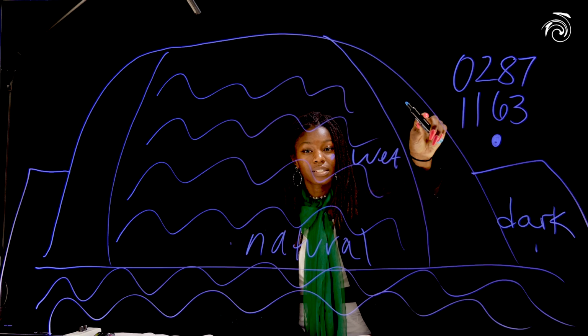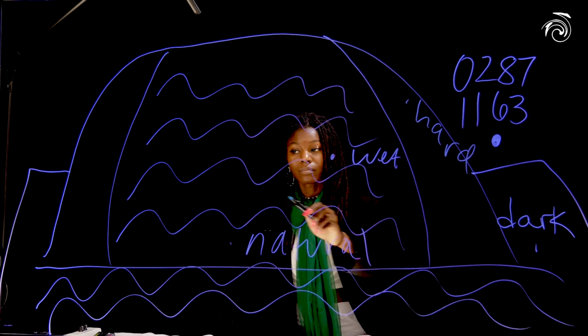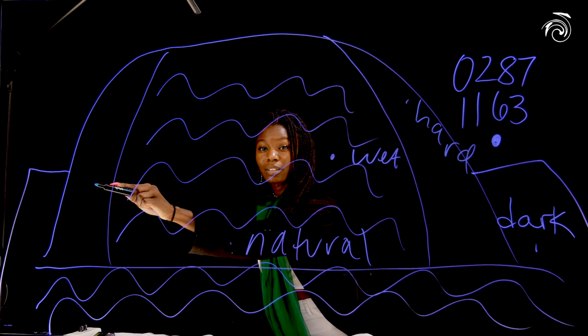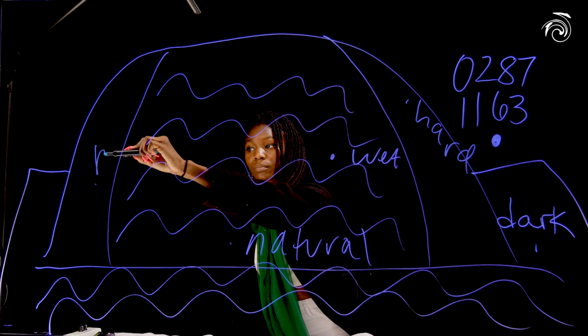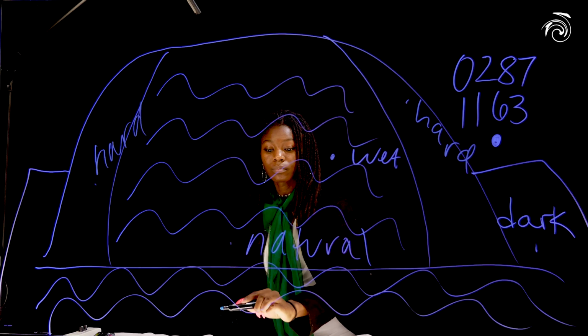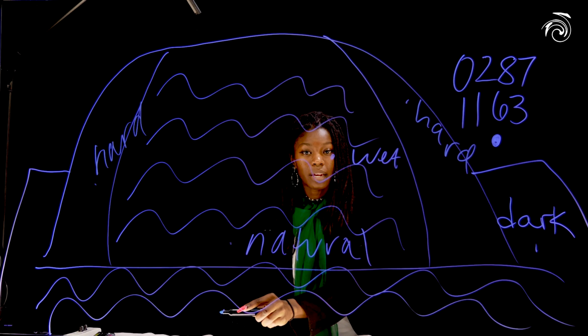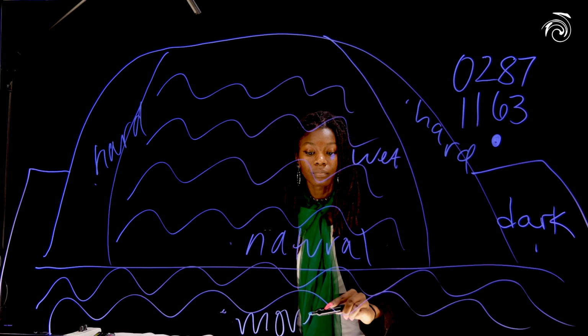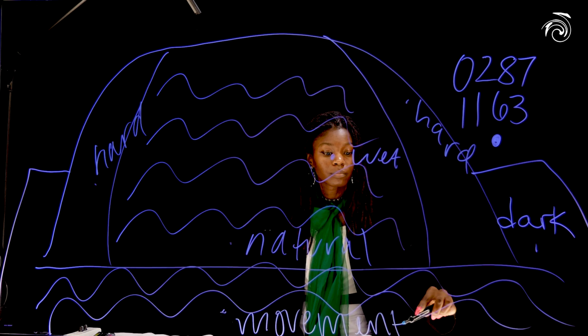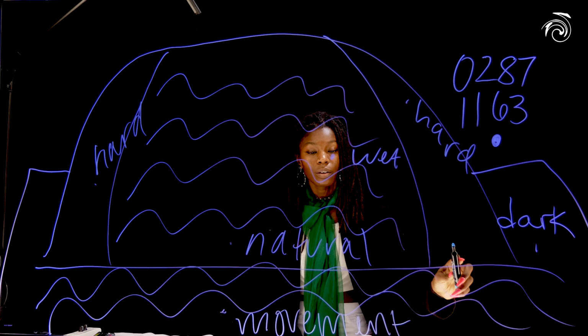Hard, soft, semi-hard, semi-soft, wet, or mushy. Natural, man-made, artificial, movement, or energetics. What color do you see?